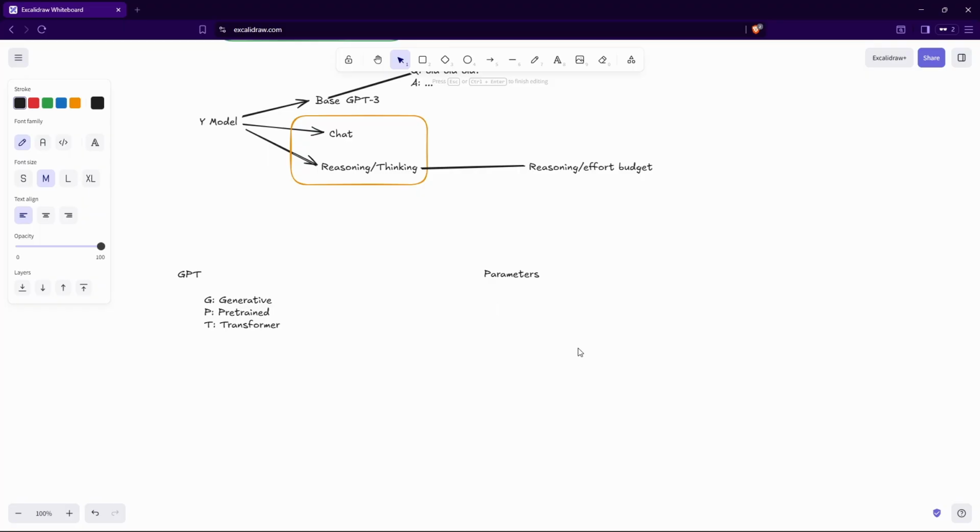But if you want the music to sound a bit more upbeat, you have to configure those buttons so that all music produced with those buttons configured that way will be more upbeat, more fun, and so on, okay? So parameters are just like the buttons of that soundboard mixer, okay?